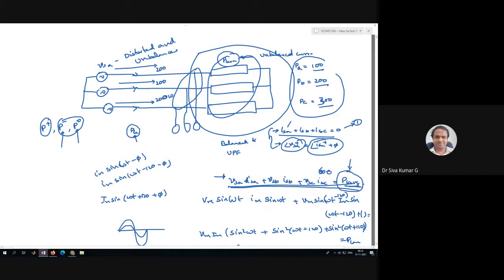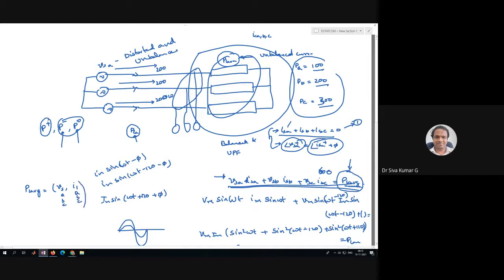We need to estimate the load average power by taking the load currents in all the phases. It is not enough to know the PL average power otherwise. We need to estimate the load average power by considering the PCC voltage or the source voltage at this PCC in all the phases A, B, C, and ILA, ILB and ILC.